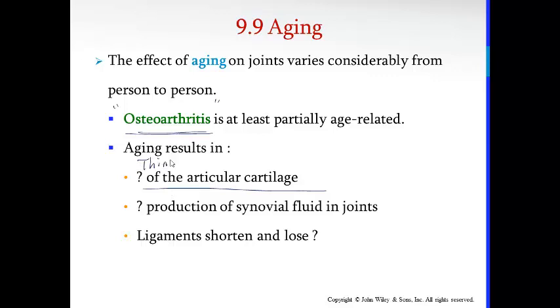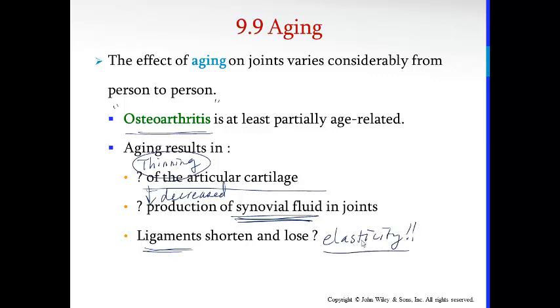Also we tend to have decreased production of our synovial fluids in our joints. So that would reduce the synovial support in these joints, creating more rubbing sensations and pain. Now our ligaments tend to shorten and lose their elasticity. So we tend to have more aches and pains as we grow older.